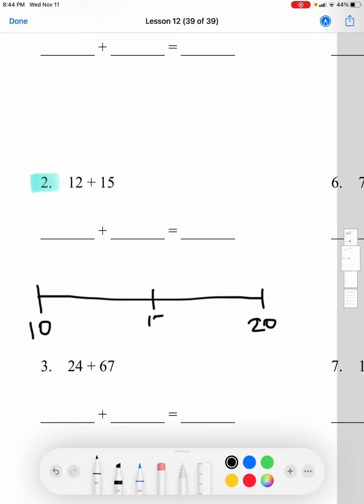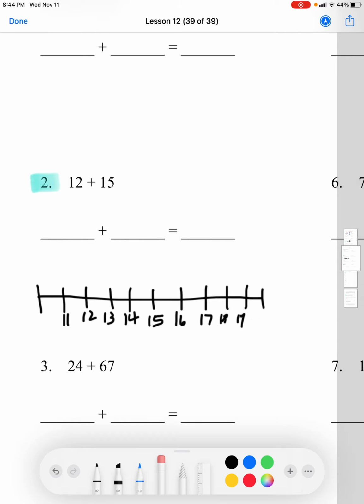We'll do 15 right here. That'd be 11, 12, 13, 14, and then 16, 17, 18, 19. And then we have our two big numbers that we're going to be rounding to, which is 10 and 20.